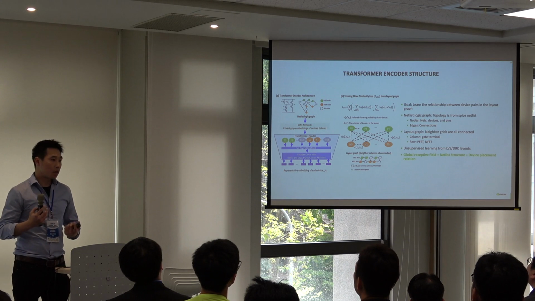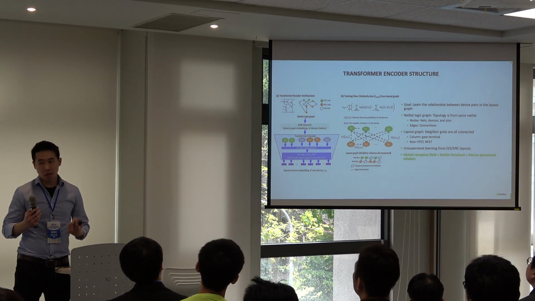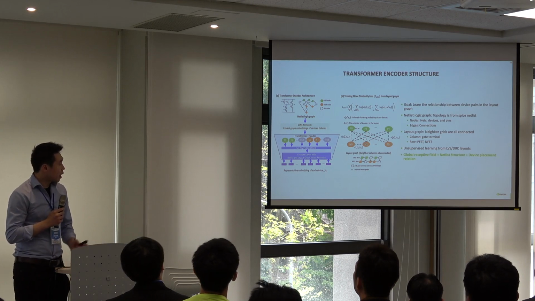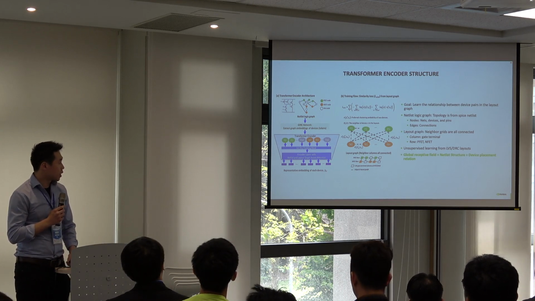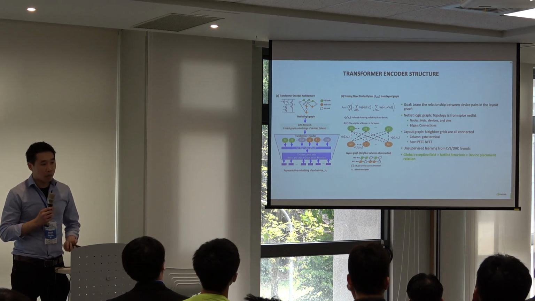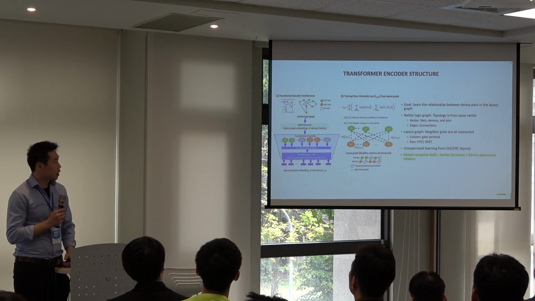Because the graph has no sequential order, we did not add positional encoding in this model. After that, we generate the representative embedding of each device. We train our model in an unsupervised fashion with a similarity loss.